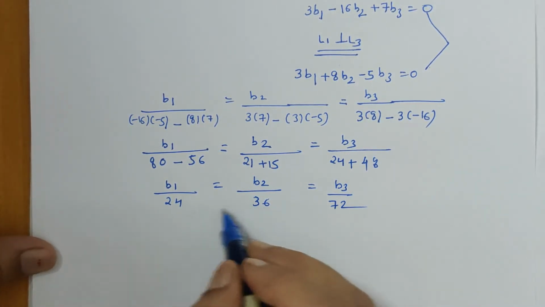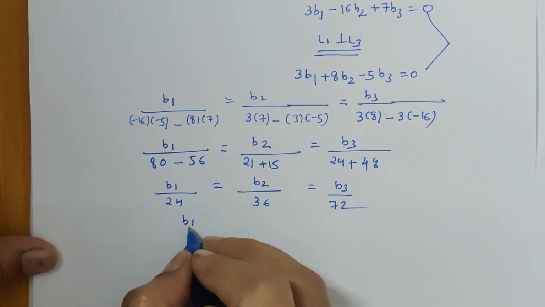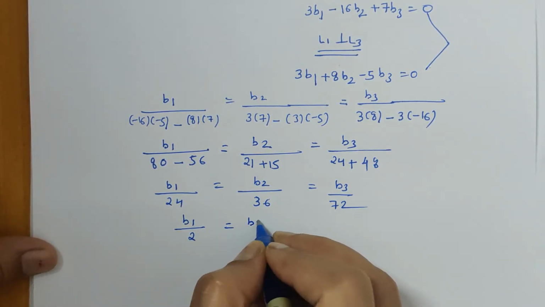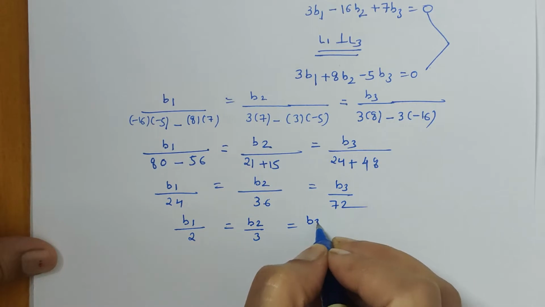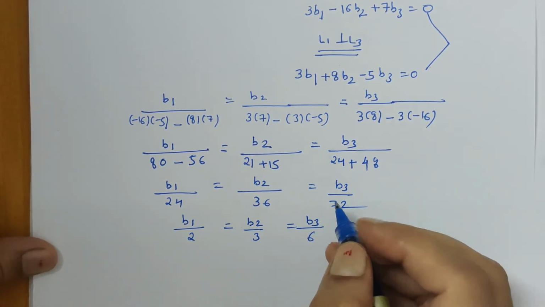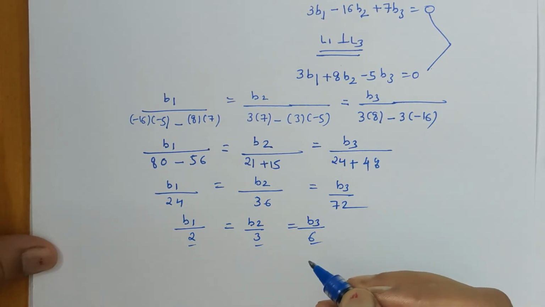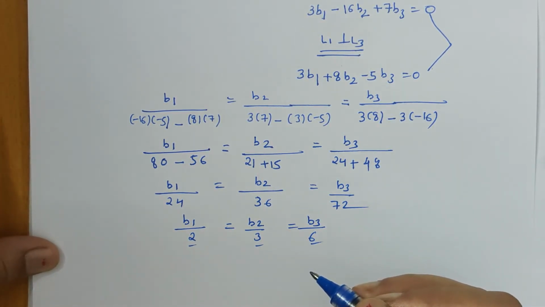We see they have a common factor 12, so this simplifies to b1 upon 2 equals b2 upon 3 equals b3 upon 6, since 12 times 2 is 24, 12 times 3 is 36, and 12 times 6 is 72. So these are the direction ratios of the line whose equation we have to find.